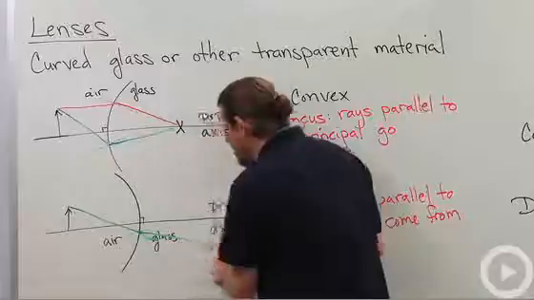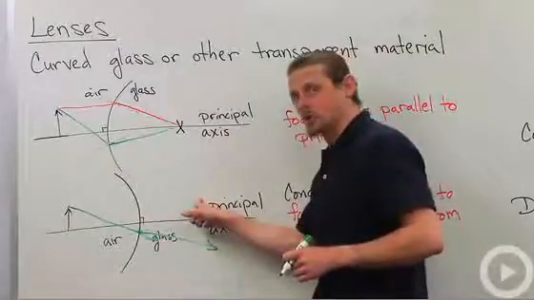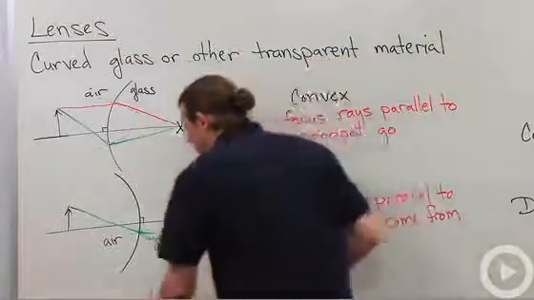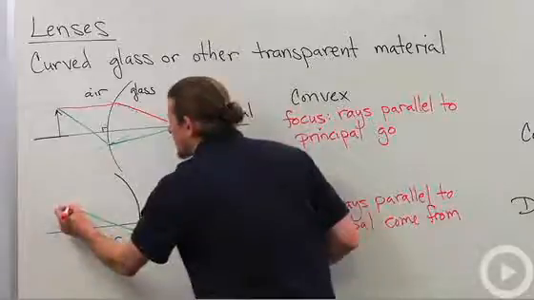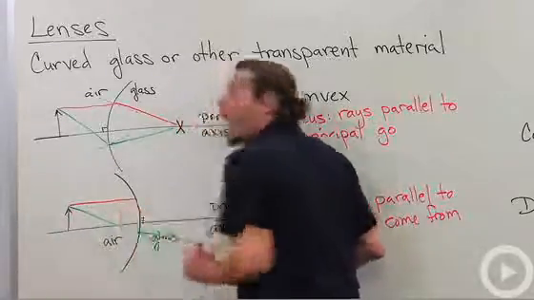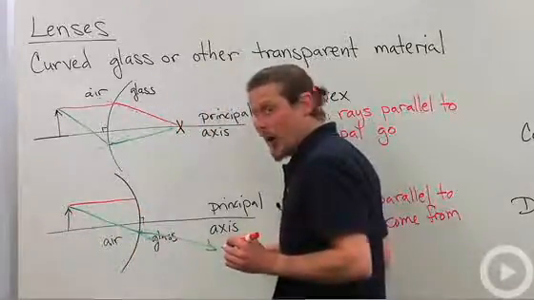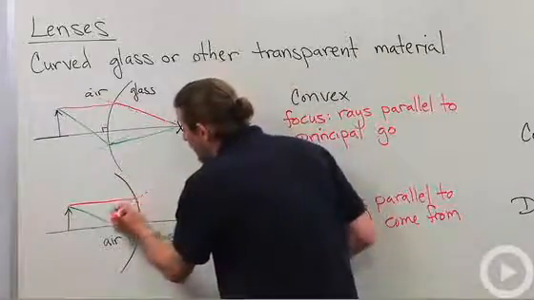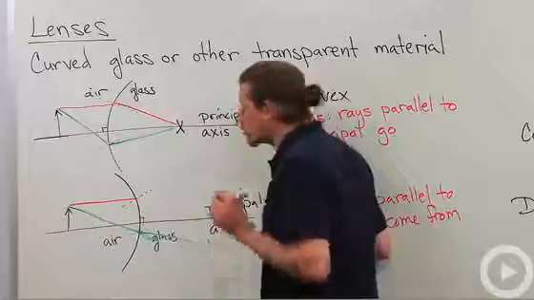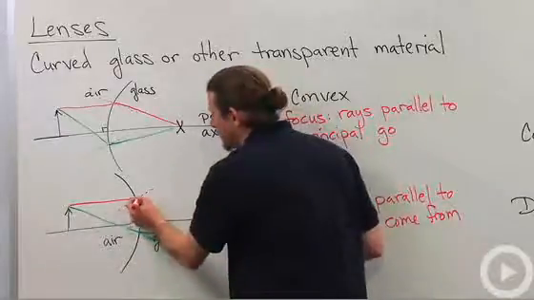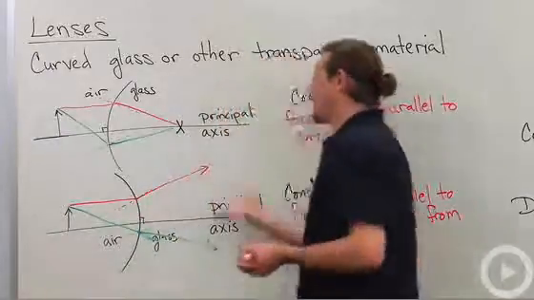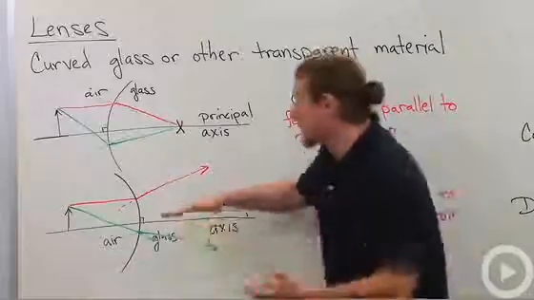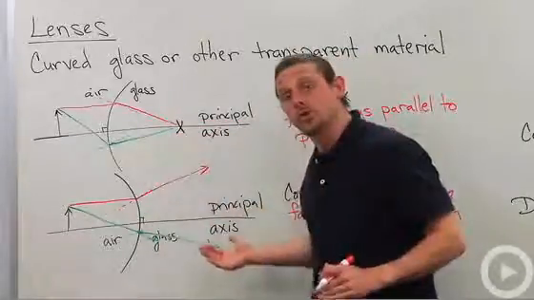Now notice this light ray is not going towards the principal axis, so something different's going on. Let's give ourselves a light ray that's parallel to the principal axis. Again, I need a normal, and I need to bend toward the normal, like that. So this is causing the light rays to diverge.